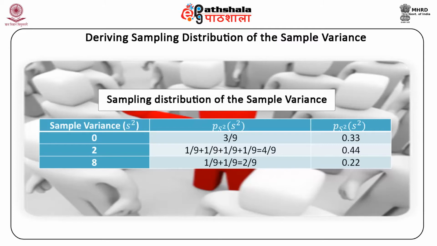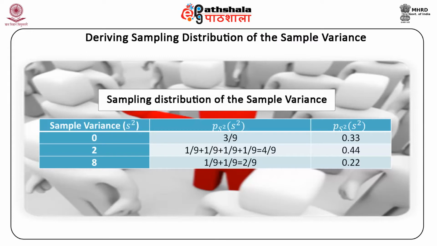Further, to understand the relationship of the sampling distribution of variance with the population variance, we calculate the expected value, that is the mean, of the sampling distribution of the sample variance. It is obtained by summing the product of each s square value with its respective probability as calculated in our table 3.